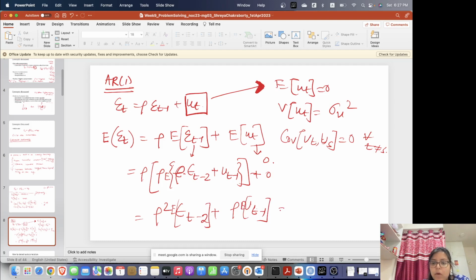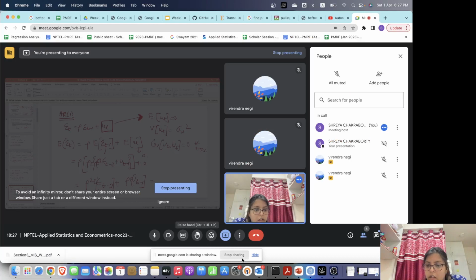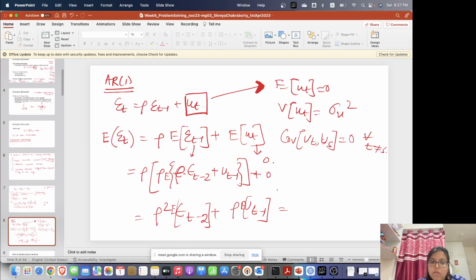Finally, what we have is the expectation of the summation j equal to 0 to infinity of rho to the power j times ut minus j.